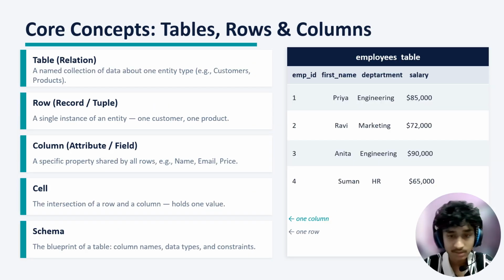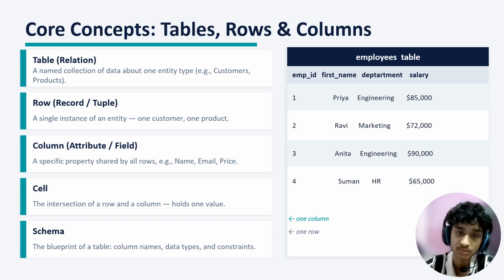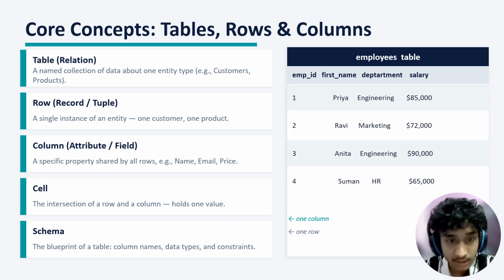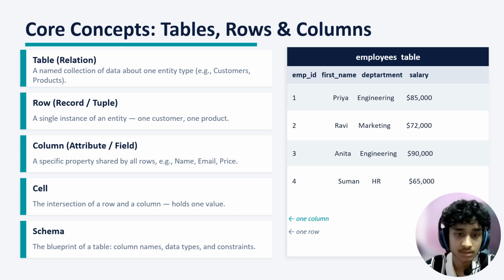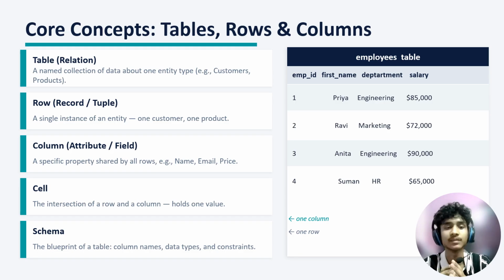So to learn about relational database, we have to first learn about some core concepts of tables, rows, and columns. As you can see in this slide, a table is a named collection of data about one entity. Example, customer, product, employee, work, etc. And each table has rows and columns. Rows are also called records or tuples, each representing a single item or entity.